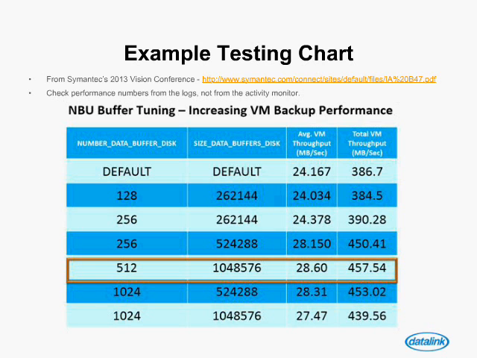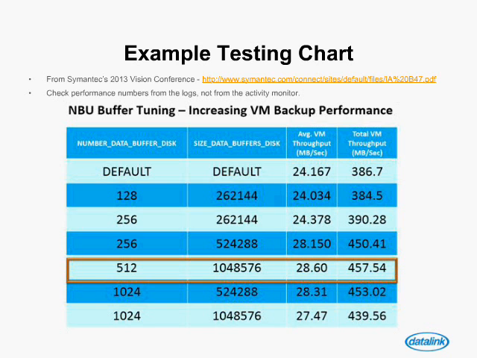And you can see here that in all their testing, what they have highlighted, the 512 data buffers and the 1 meg size, worked best for this particular environment. And again, this presentation will be available afterwards, so if you haven't written down that link, you can always come back and reference it.